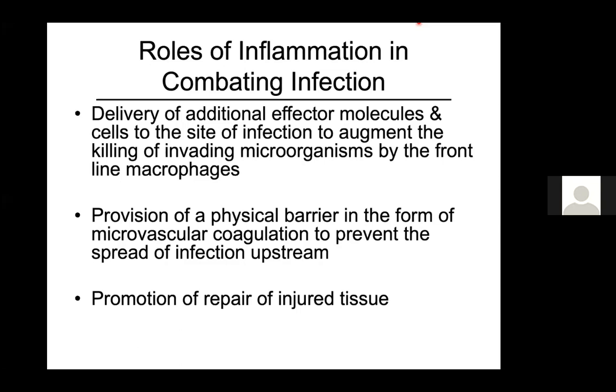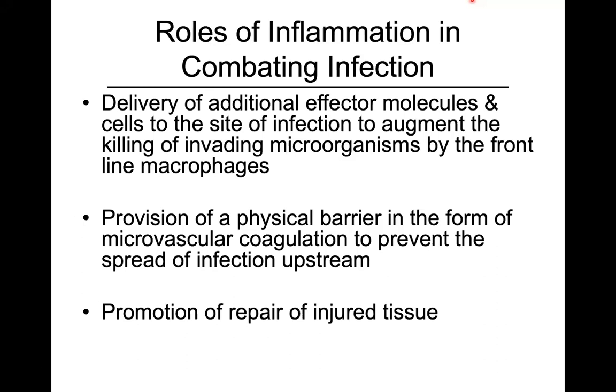So the importance of inflammation in infection is that it delivers additional effector molecules and cells to augment the killing of invading microorganisms by the frontline macrophages. So the macrophages are frontline, and then they recruit the other more specialized, more effective cells and molecules, okay?